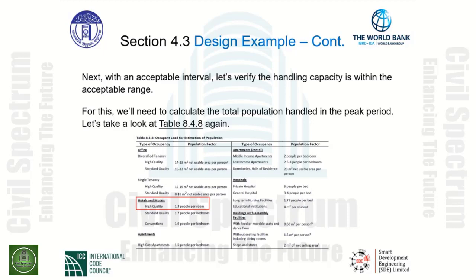For our example application, we have a hotel of high quality. The population factor given to us from this table is 1.3 people per room. We can now utilize this particular factor and calculate the total population. We will continue this example.